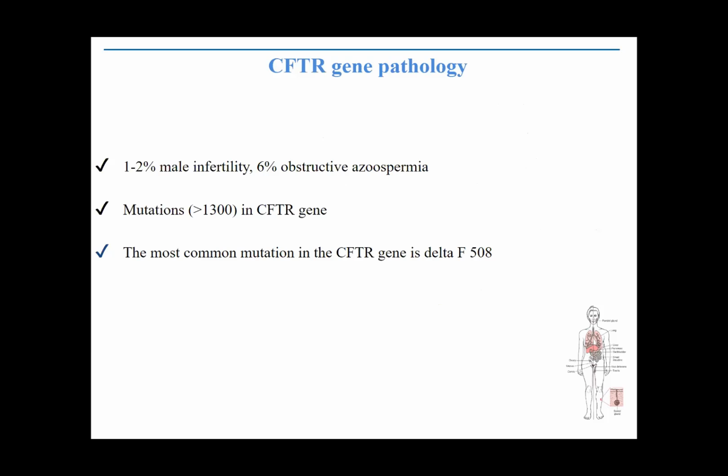CFTR gene pathology accounts for 1 to 2% of male infertility and 6% of obstructive azoospermia. There are more than 1,300 mutations in the CFTR gene. The most common mutation in CFTR is delta F508.